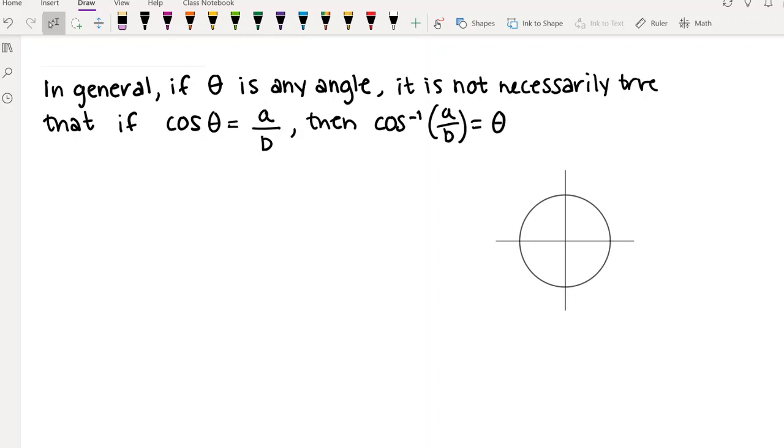I'm just choosing cosine to pick one of them, but I could have said this with the other trig functions. So what do I mean by this?